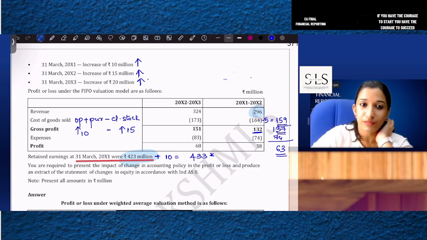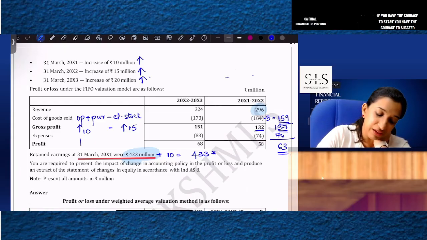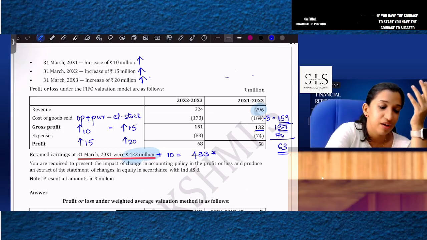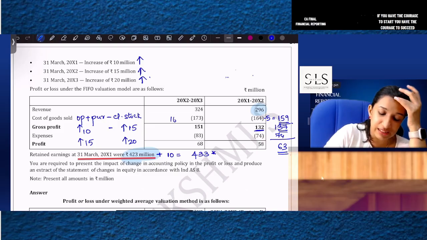Then 12-13, 324. Cost of goods sold: opening stock increased by 15 and closing stock increased by 20. Again a minus 5. 173 minus 5 is 168.